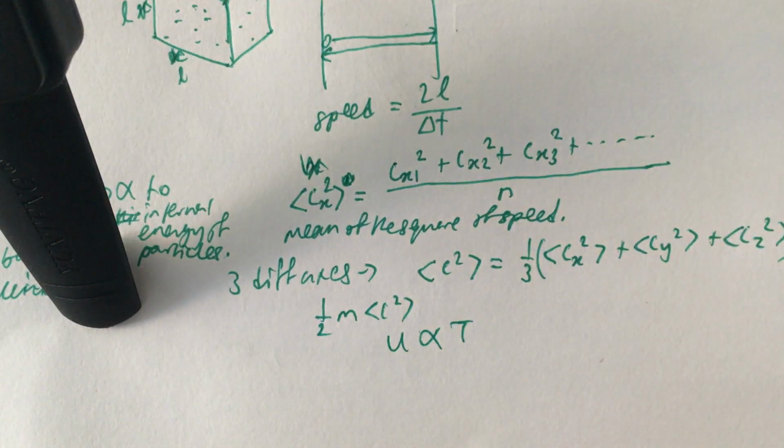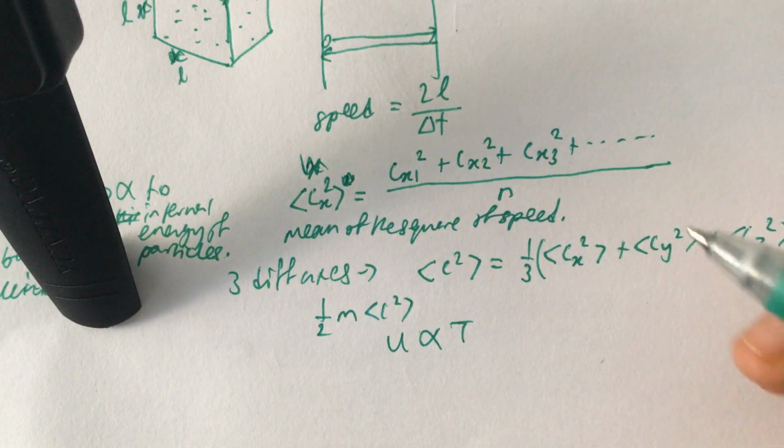we know that this particular energy is proportional to T in a way. So let's say your half mc squared is proportional to T. And since PV is proportional to T as well, then your c squared will be proportional to PV.